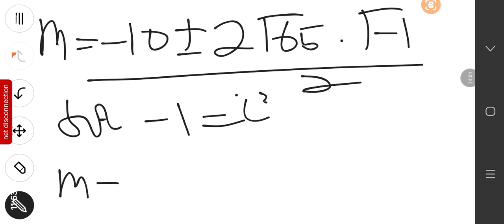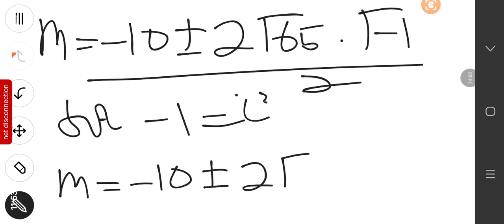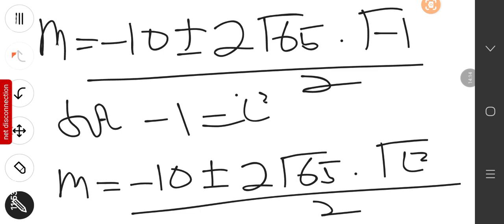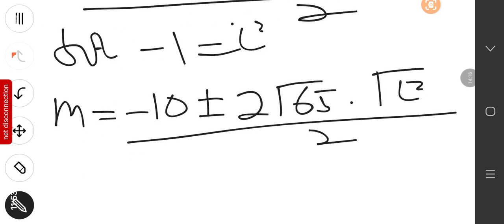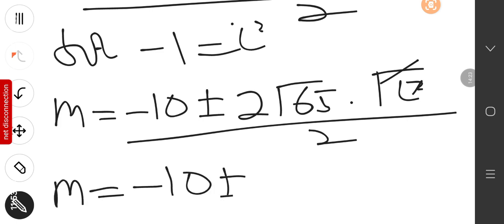So we say m equals minus 10 plus or minus 2 times the square root of 65 times the square root of i squared all over 2. All right, so this will cancel this, so you're going to have m equals minus 10 plus or minus 2 times the square root of 65.